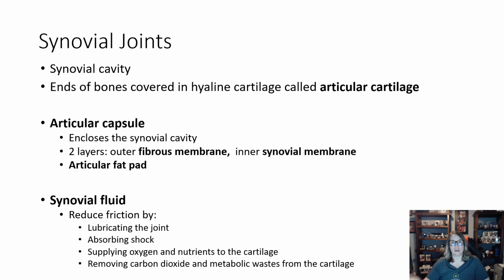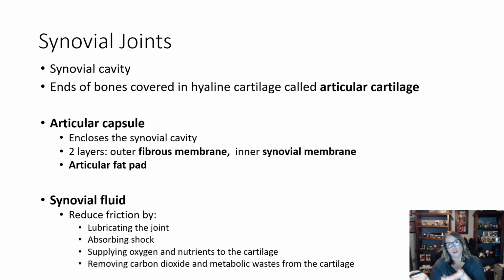And as we'll see in the next video, they are built a little differently and provide different movements, but overall, a lot of them have this basic structure, and over the next few slides, we're going to look at the add-ons we can put in to build these synovial joints.